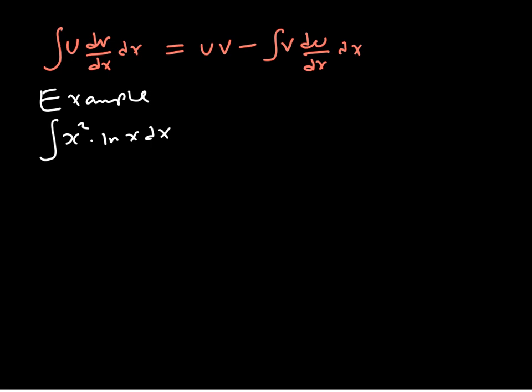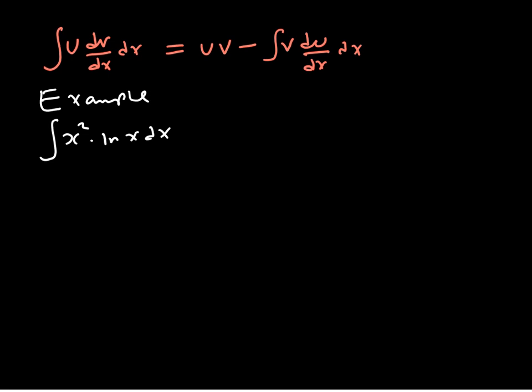This is a product of two functions: x squared and the natural logarithm of x. One function is going to be u, and the other function is going to be dv by dx. But the choice of u here is dictated by some rules. Let me first integrate this, then I will write for you a list where you can be guided to make a selection of which function is u and which function is dv by dx.